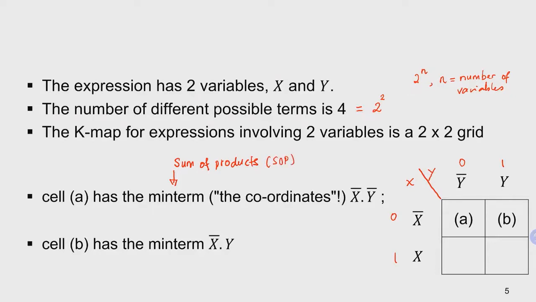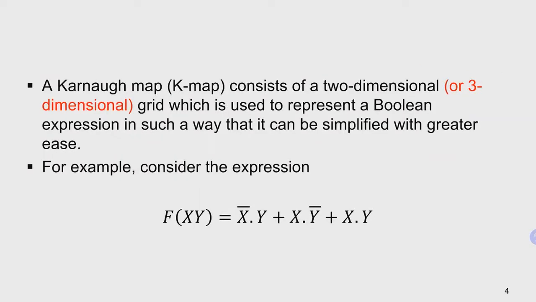So where is the sum of products? Okay, so these are all our product terms. And then we sum all the product terms. So this expression here is called sum of products.